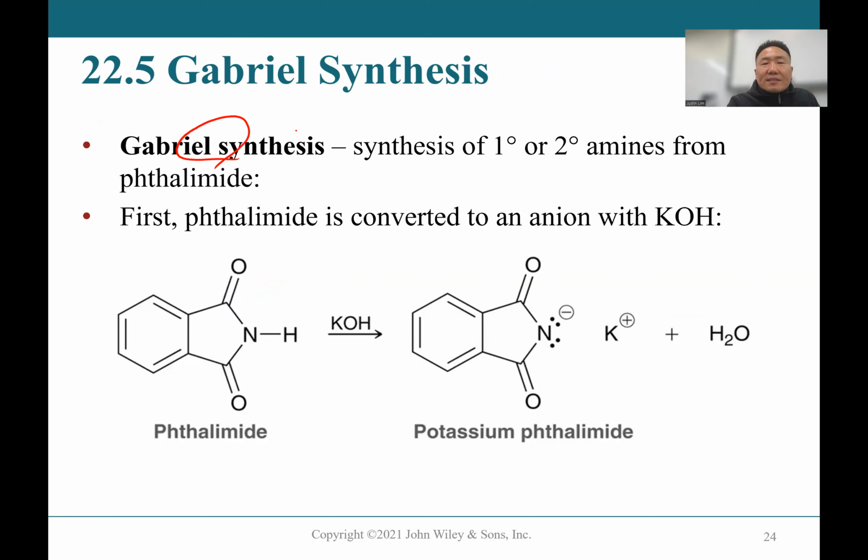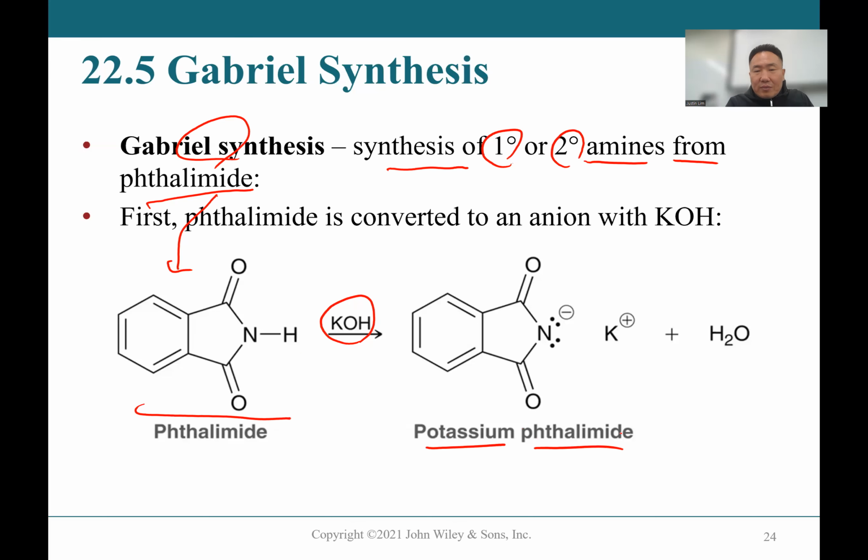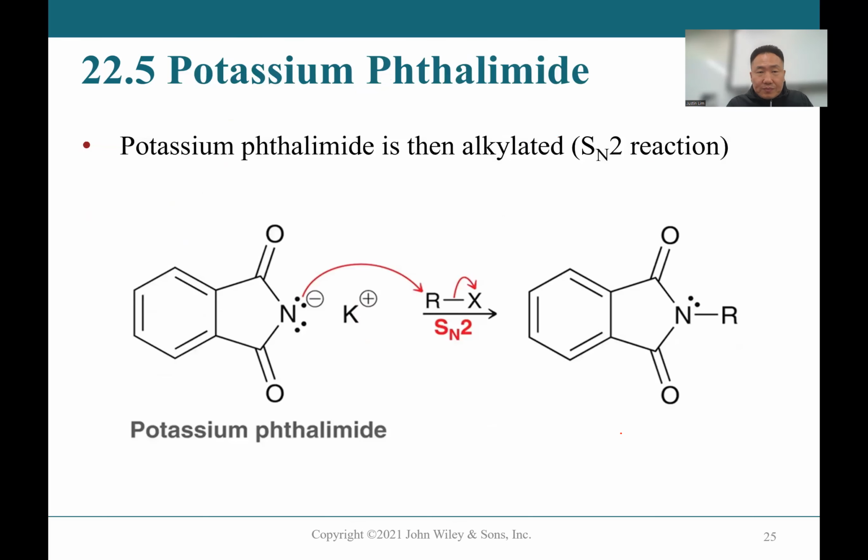Also, Gabriel synthesis of primary amines from phthalimide. This is phthalimide, with potassium hydroxide to generate potassium phthalimide. Potassium phthalimide is alkylated by an SN2 reaction.